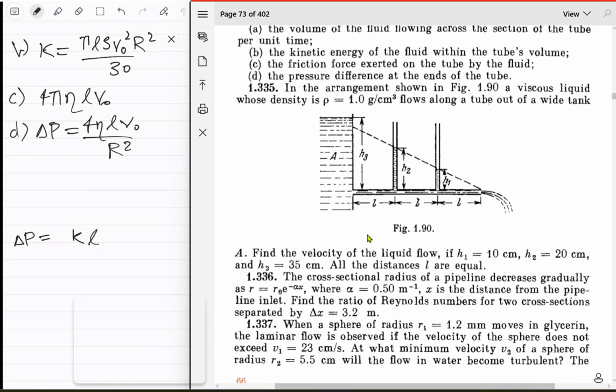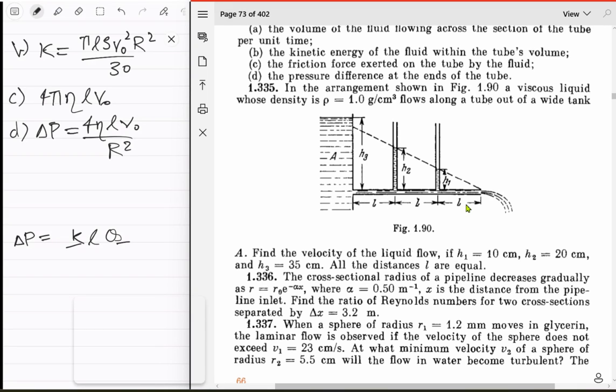So K times L, and that times Q, right? So this is constant. So delta P is proportional to L. From here to here, you will have, let's say, one delta P. From here to here, you will have two delta P, right? As you can see, it's just linearly decreasing. That makes sense.